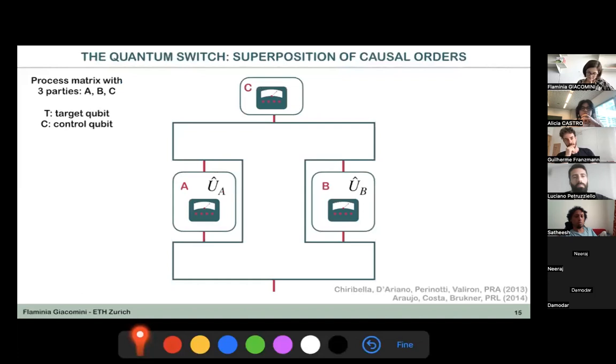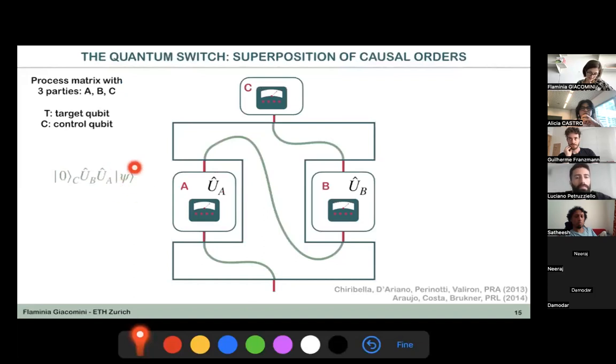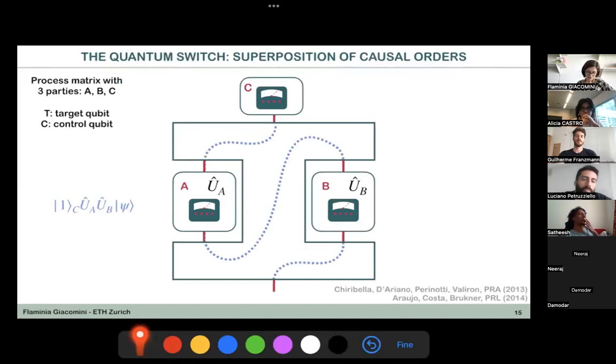Now, if the control qubit is 0, so this labels the path, then a system, the target qubit, is sent first through A, then unitary operator UA is applied to the target qubit, then it goes to B, and then it goes to C. But if the control qubit is 1, then the opposite happens. So first the target qubit goes to B, then it goes to A, and then it goes to C.